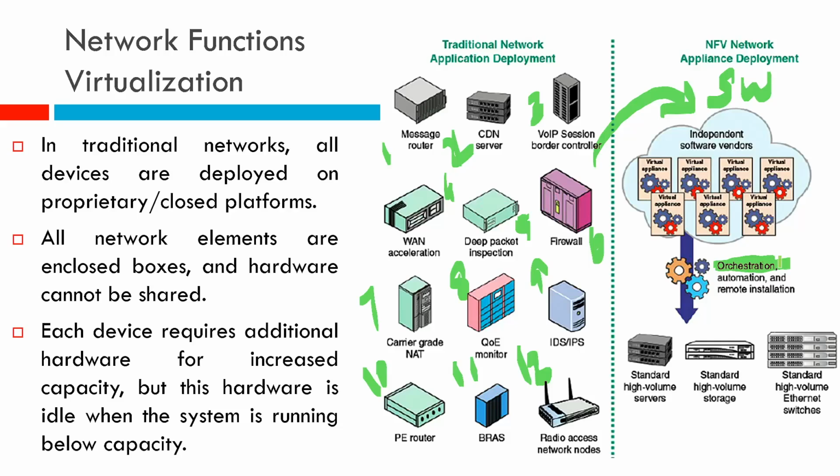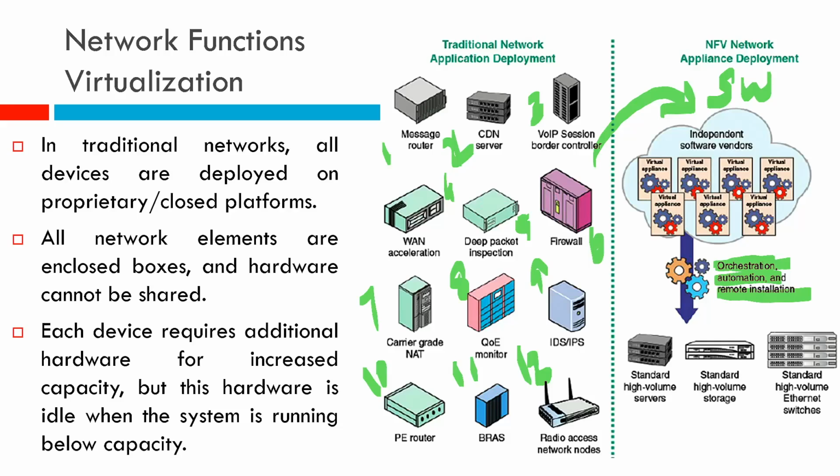Orchestration means you are putting them together into a single place, and it can be shared, and high super performance, we can say more than super, hyper performance can be achieved through this network function virtualization. Automation and remote installation, everything is possible with network function virtualization.